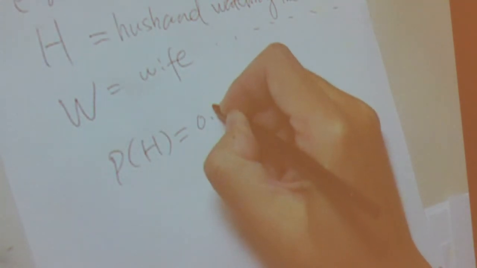H is the husband watching the TV program, and W is the wife. Now I'm reading the problem for you. 50% of husbands watch this program, so P of H is 50%. That's pretty clear.